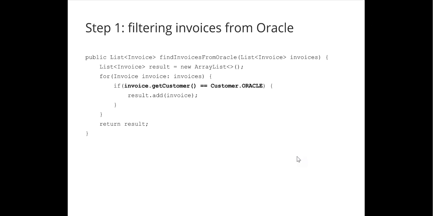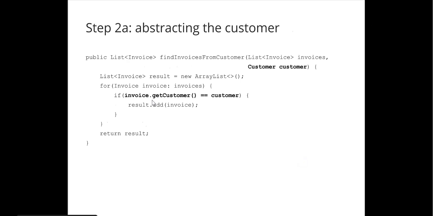But suppose we've got another customer coming in. Let's say that we've picked up, say, Facebook as a customer. What would we have to do there to perhaps have the option of sorting by different customers? Well, Richard, one approach would be to duplicate the method and just rename it.